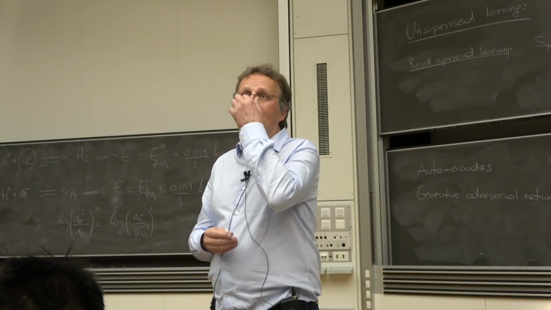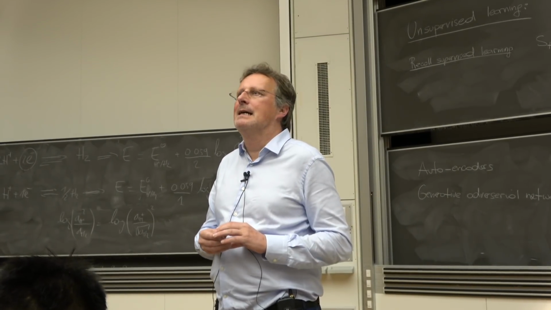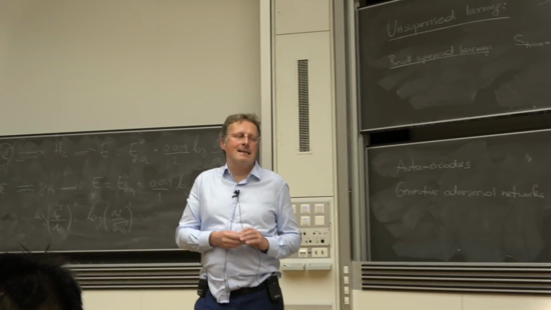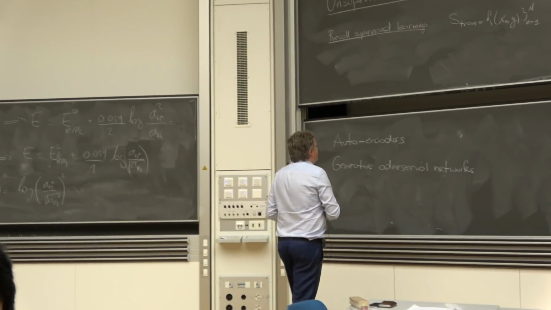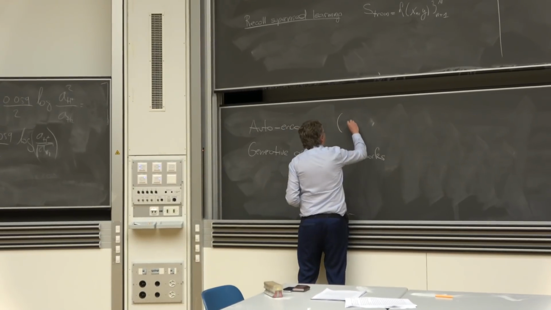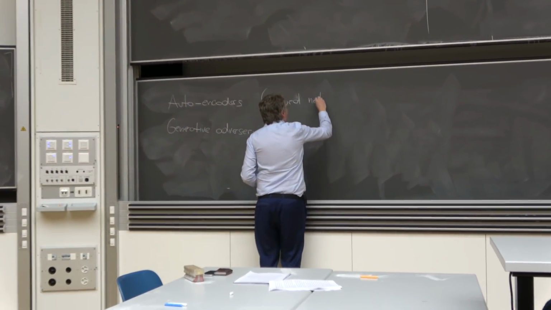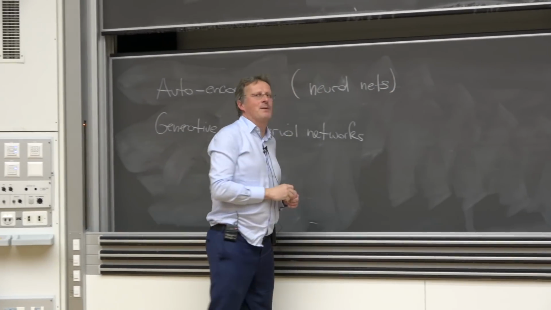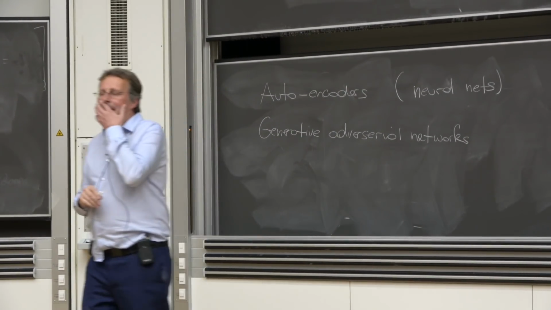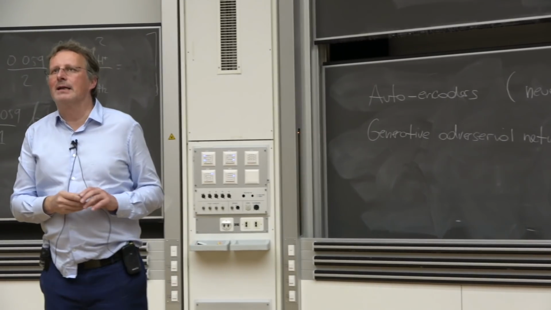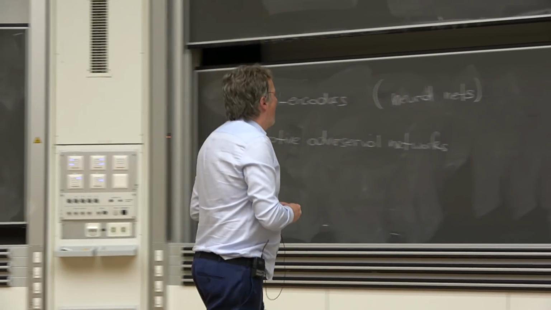So the first one is what's called autoencoders. The idea here is something that was invented in the realm of what's called neural nets, and we'll talk about it later on. We'll not talk in detail about autoencoders, but we'll talk about neural nets. And the basic idea is kind of intuitive.